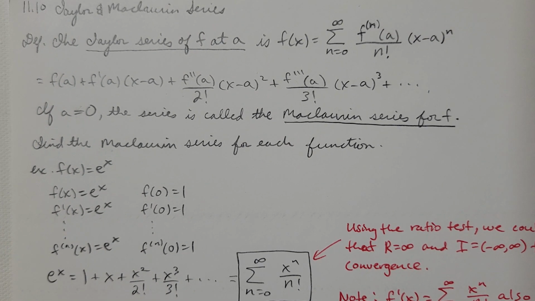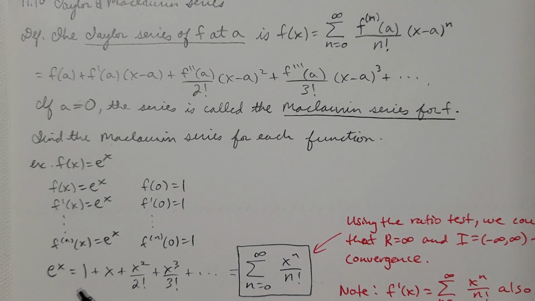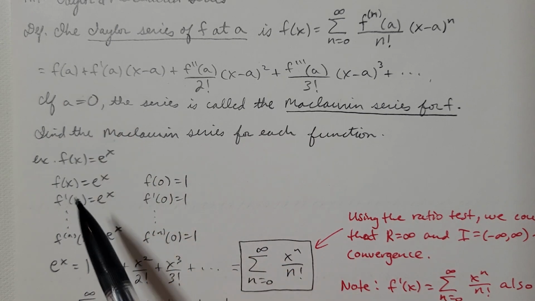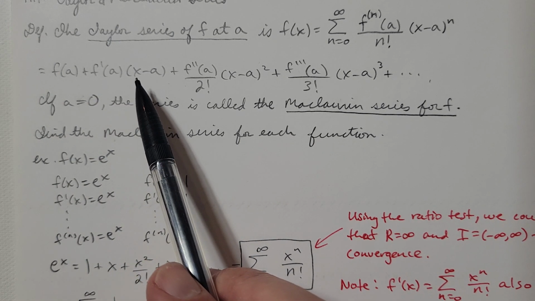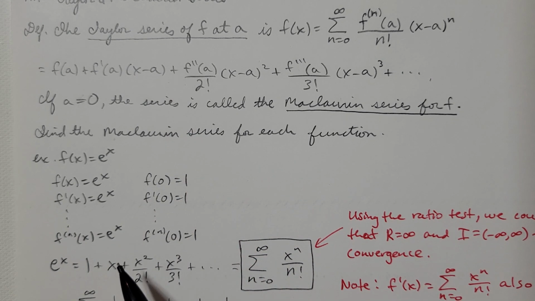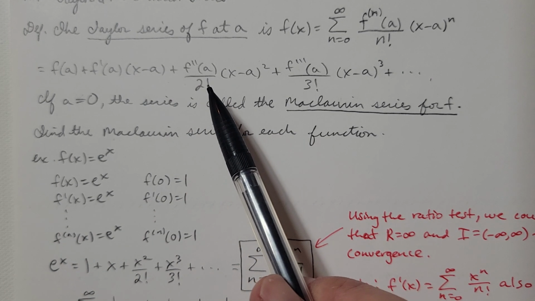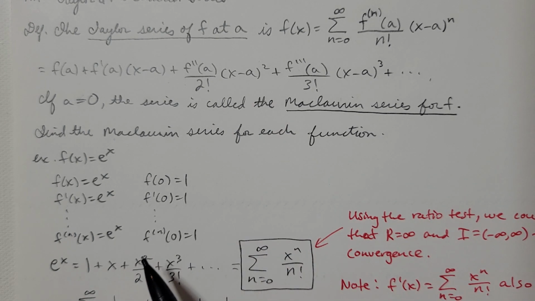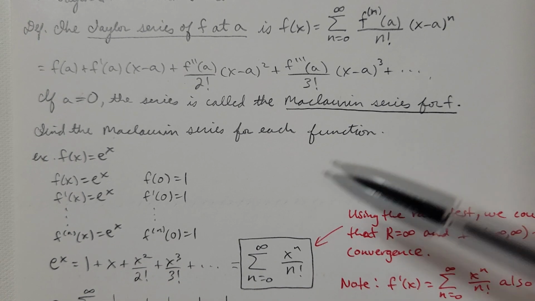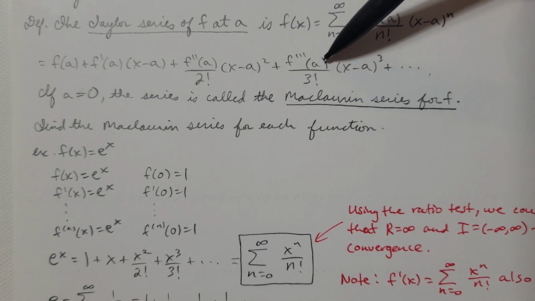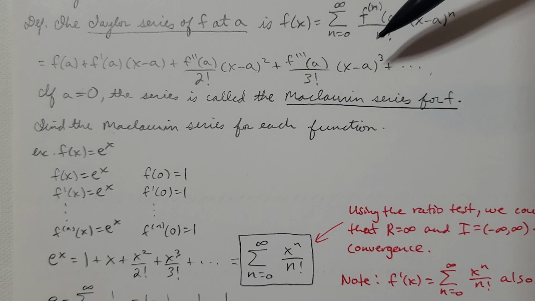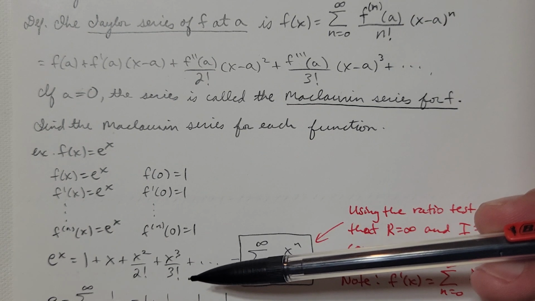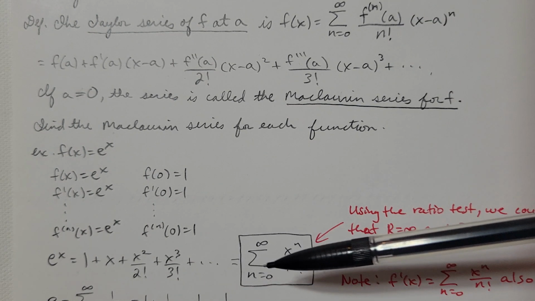Now e to the x is going to be 1 plus 1 times x minus 0, which is x, plus 1 divided by 2 factorial times x minus 0 squared, which is x squared divided by 2 factorial, plus 1 divided by 3 factorial times x minus 0 cubed, or x cubed over 3 factorial, plus x to the 4th over 4 factorial, plus etc.